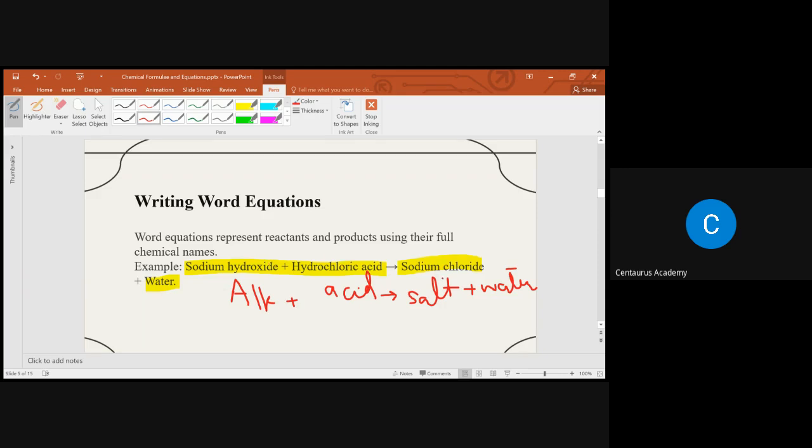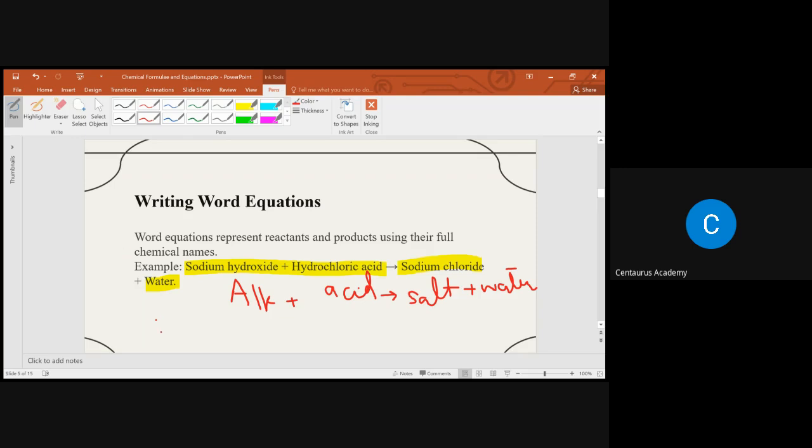Okay, for instance, if I ask you, can someone tell me the word equation for ammonia when it reacts with nitric acid? What does it form? Ammonia reacting with nitric acid, what does it form? Ammonium nitrate. Ammonium nitrate. Very good. So what are you going to write in the word equation?